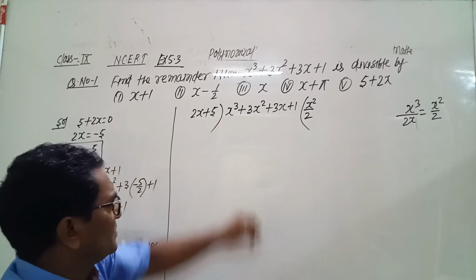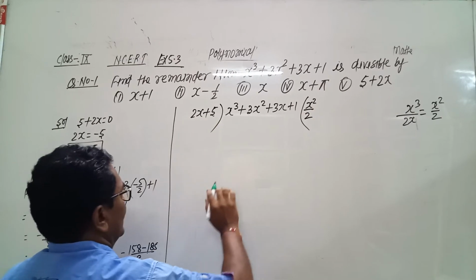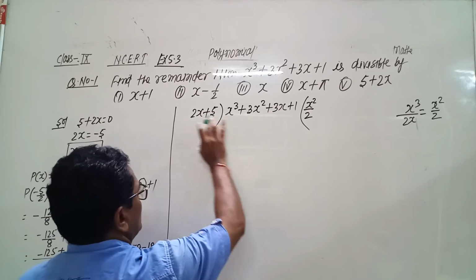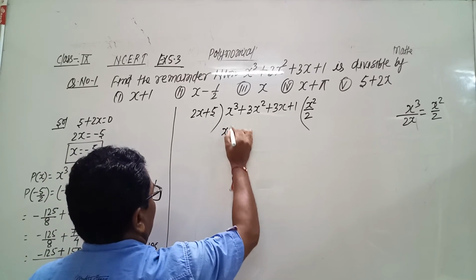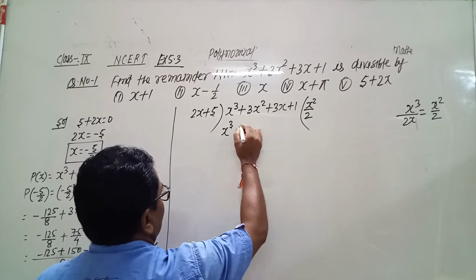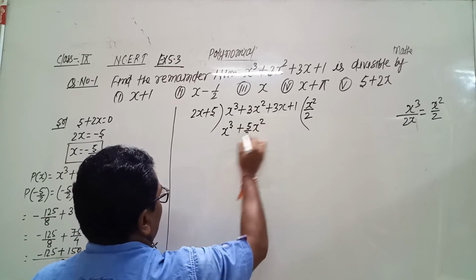So x square by 2 into 2x, the 2 and 2 get cancelled and it comes x cube. Then 5 multiplied by x square by 2 is 5 by 2 x square.